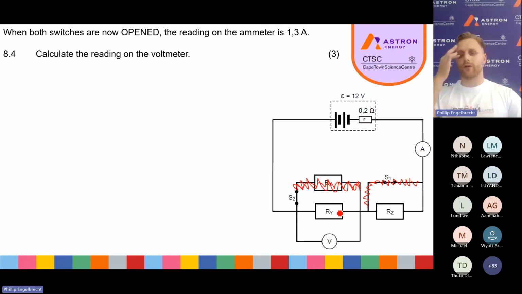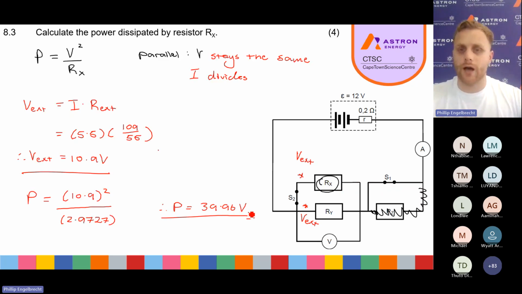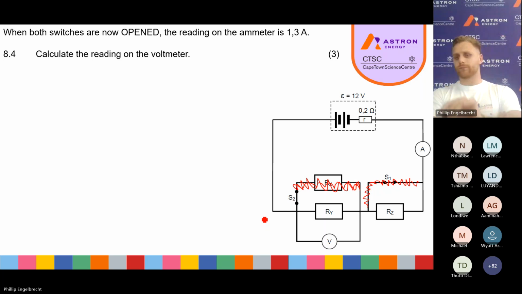So I only have two resistors, and both of them are in series. Thank you for pointing out that power is in watts or joules per second. Anyways, I have two resistors in series now, because both switches have been opened.